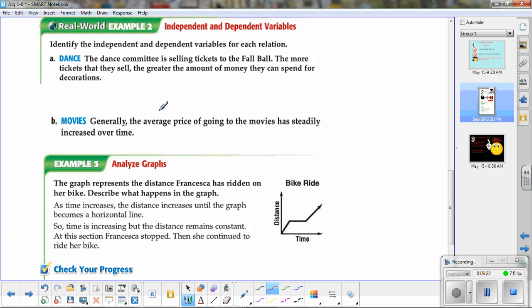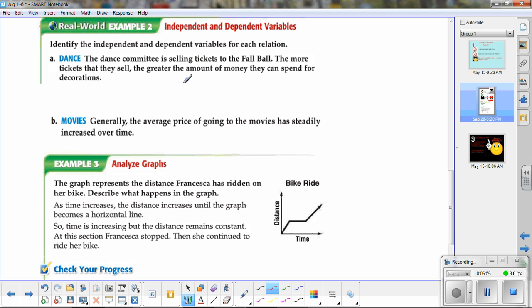In example 2, it asks you to identify the independent and dependent variables for each relation. In part A, it says the dance committee is selling tickets to the fall ball. The more tickets that they sell, the greater the amount of money they can spend on decorations. So we want to ask ourselves, what depends on what here? The decorations depends on the amount of tickets.